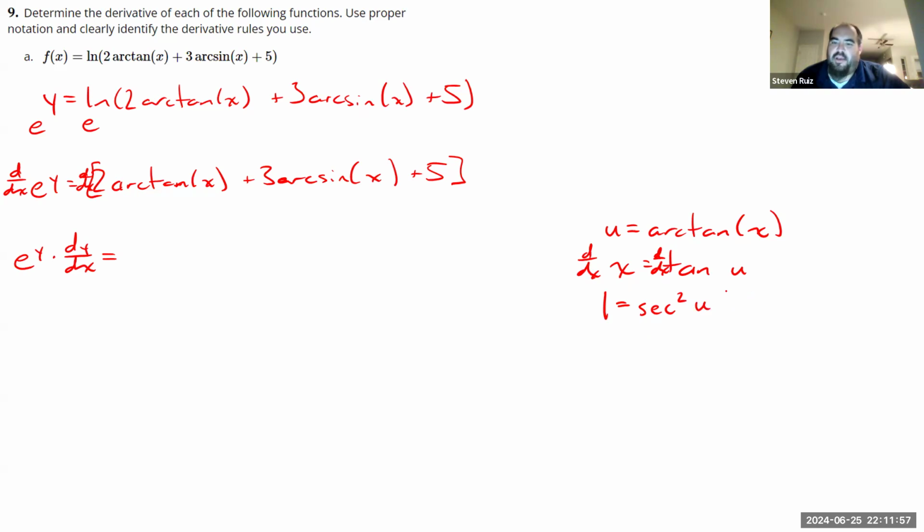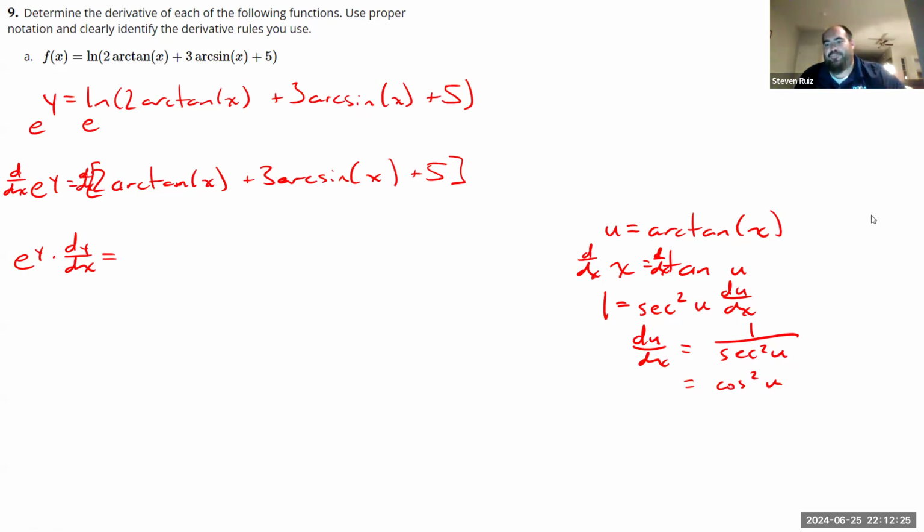And this will be multiplied by not dy dx, but du dx, which means that du dx is equal to 1 over secant squared of u, or equivalently, cosine squared of u. So what is cosine squared of u?